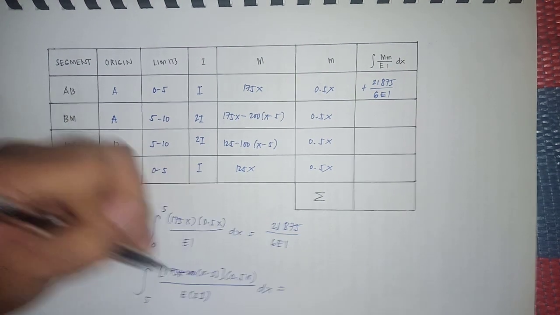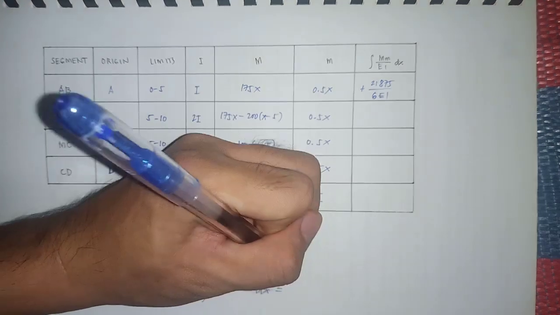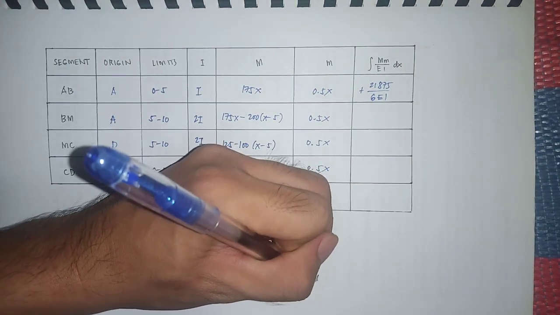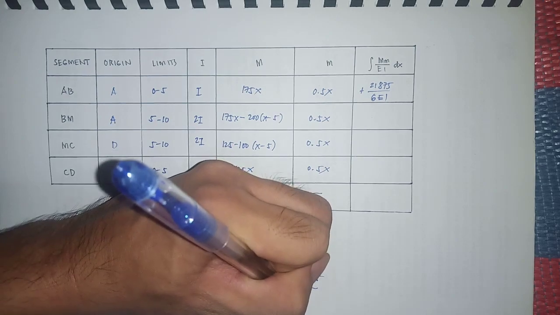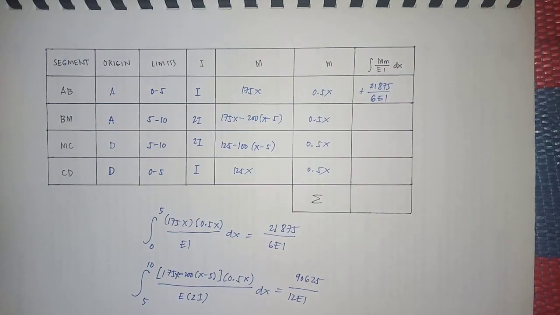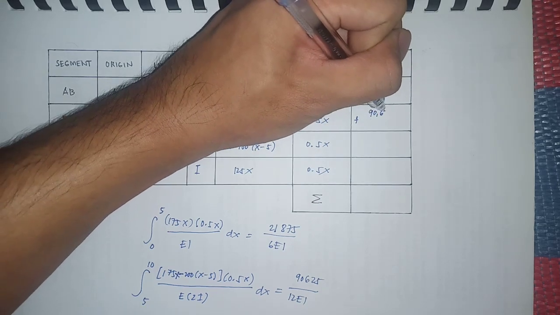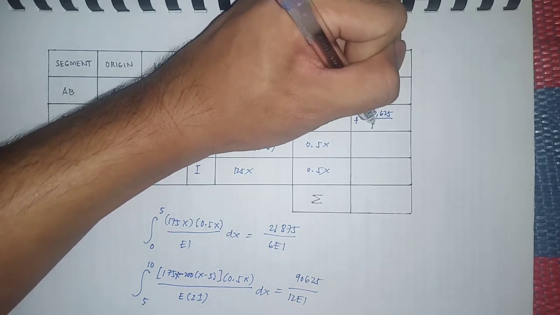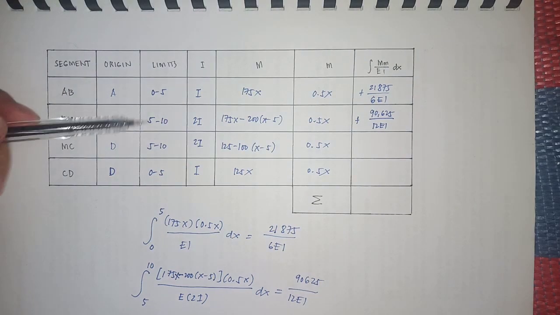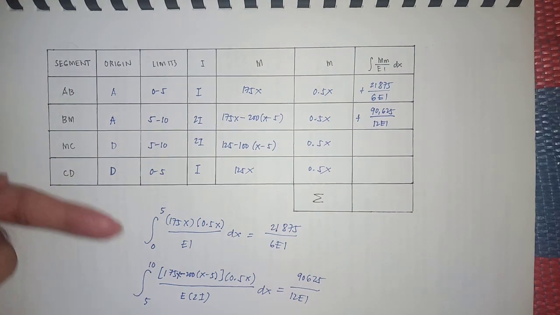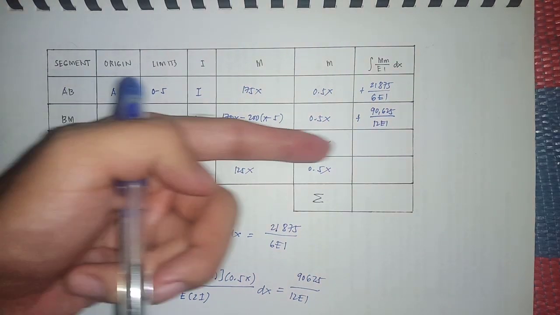Okay, so, compute natin. Okay, 90,625 over 12 EI. Okay, ilagay po natin yan dito. Positive 90,625 over 12 EI. Then, this 2, pwede namang input sa calculator. You can check it. Ilalagay ko na lang siya rito.